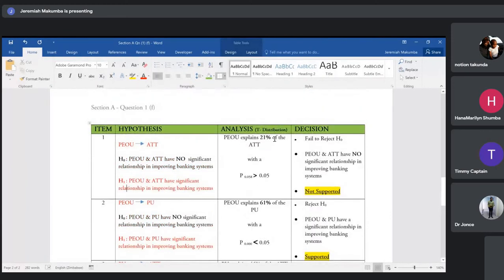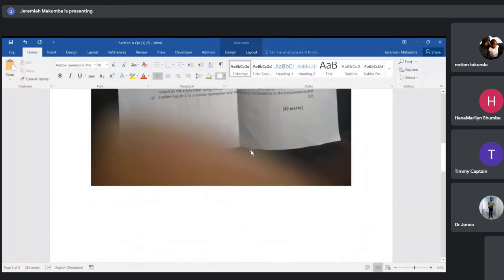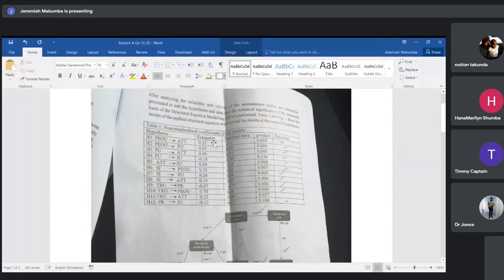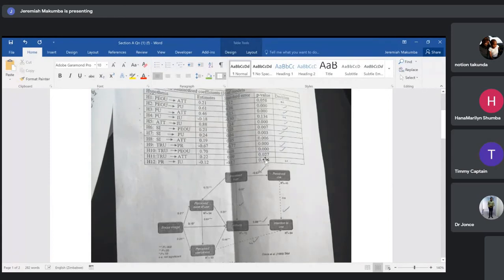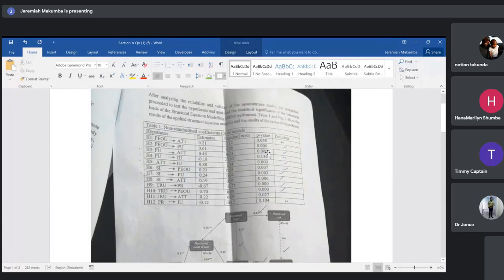Now for our analysis, we have used column 2 and column 4, which are the estimates. These estimates are the non-standardized coefficients, the betas, and then the p-value. For this p-value, we have assumed a t distribution. The reason is that this is analysis of variables.